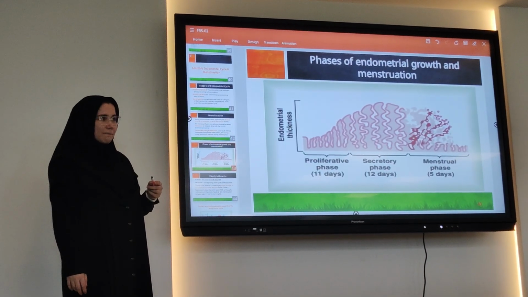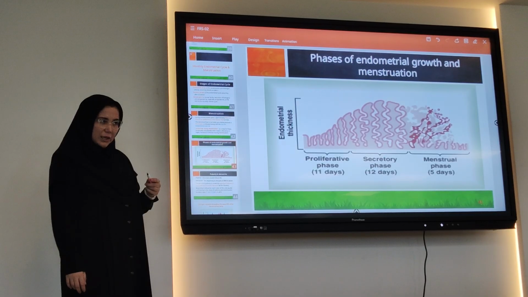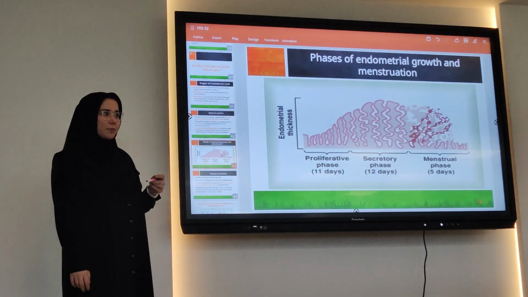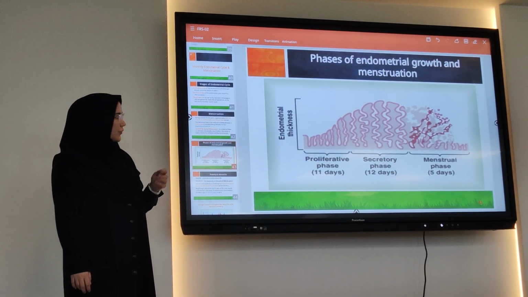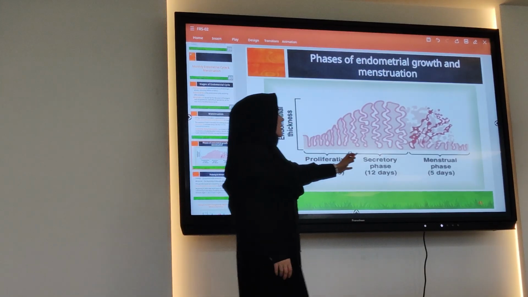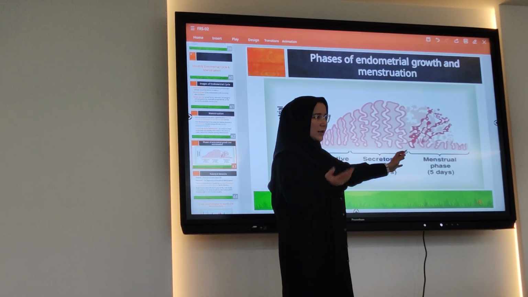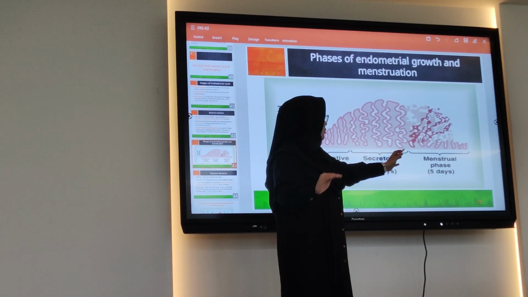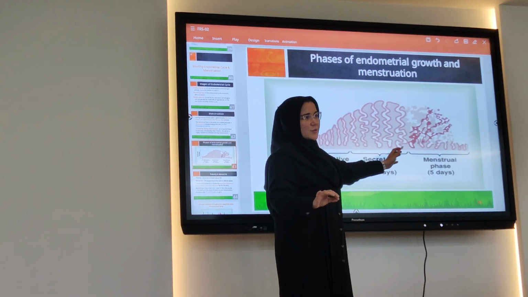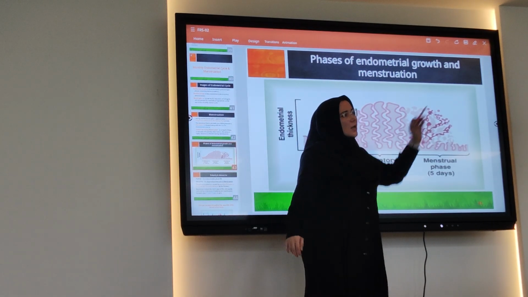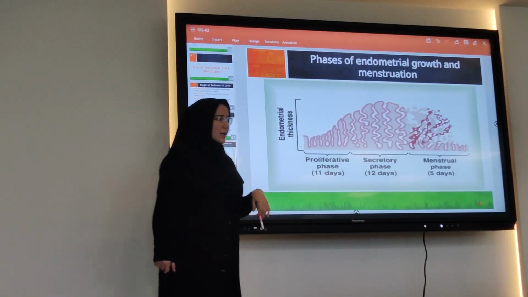So the changes that happen in the uterus are to become ready for pregnancy. If there is a pregnancy, they stay in the secretory phase. The corpus luteum stays and produces the same amount of estrogen and progesterone, and this secretory phase stays.